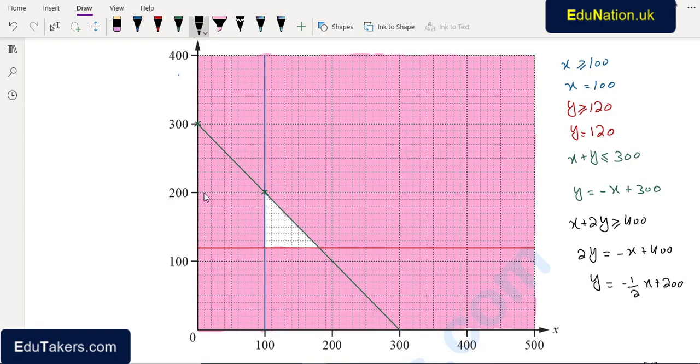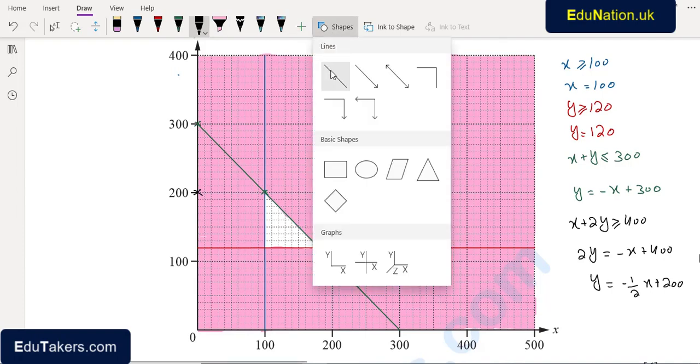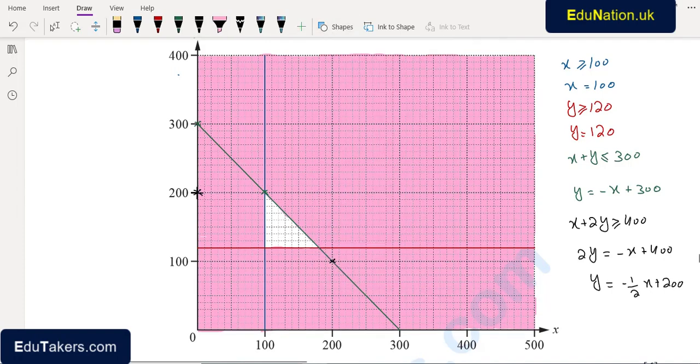Y intercept is 200 and gradient is minus 1 over 2. 1 unit down and 2 units right. This is a line passing through these 2 points. And x plus 2y is greater than or equal to 400, so the unwanted region is below this line.